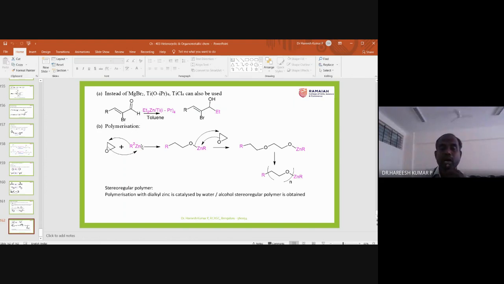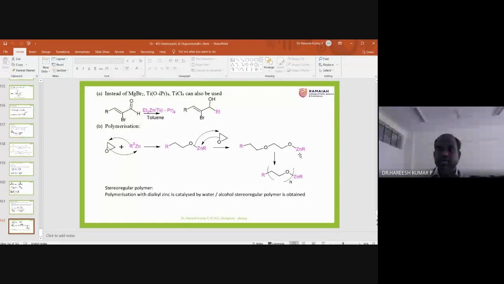So in that catalyst it is happening. And the polymerization, what is happening here? An alkyl group R is attacking this carbon. When R attacks this carbon, this bond pair will form a bond with zinc, so a product is formed like this. Then the formed product can react with one more equivalent of epoxide. This is an epoxide, this is also an epoxide. This bond pair can react with this bond, and this O minus reacts with zinc.